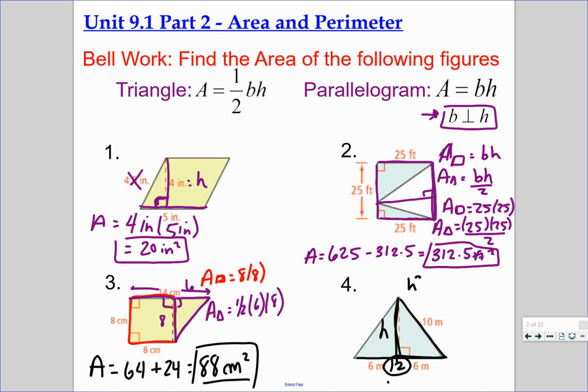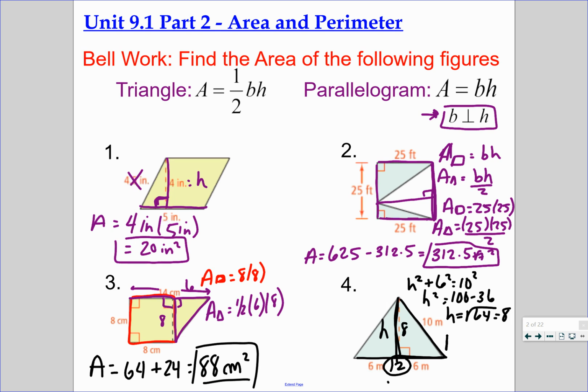So we could say h squared plus 6 squared equals 10 squared. So h squared is going to be equal to 100 minus 6 squared, which is 36. So h is going to equal the square root of 64, which is 8.